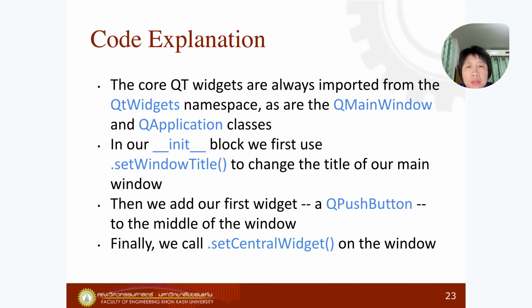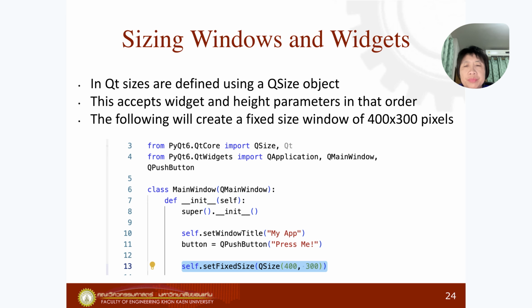Okay, so for the code that we just looked at, we can see that in the init method, there's the method setWindowTitle that we can use to change the title of the main window. And then we add the first widget, QPushButton, to the middle of the window by calling the function setCentralWidget.